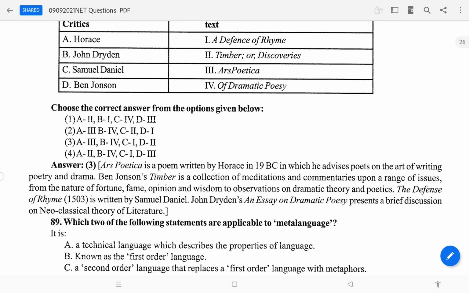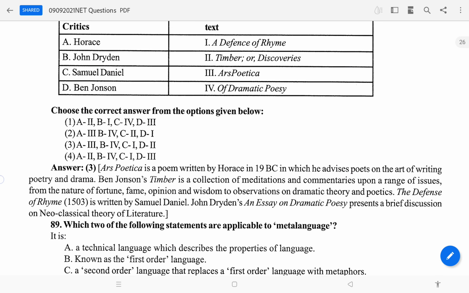So, Ben Jonson's Timber is a collection of meditations and commentaries upon a range of issues, from the nature of fortune, fame, opinion, wisdom to observations on dramatic theory and poetics. Then the Defense of Rhyme, which was published in 1603, is written by Samuel Daniel, and John Dryden's essay on dramatic poesy presents a brief discussion on neoclassical theory of literature.